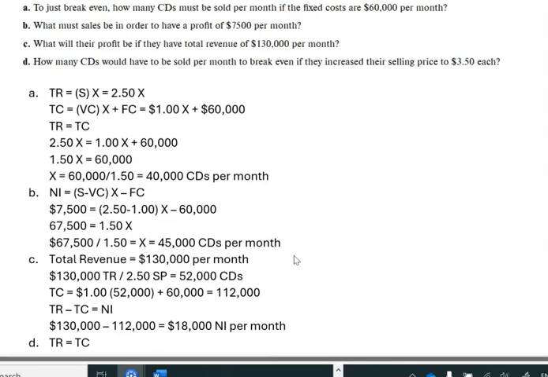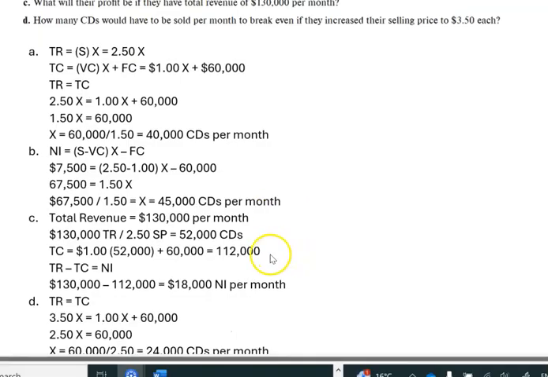C, what will their profit be if they have total revenue of 130,000 per month? Okay, so if we have 130,000 per month, we know we sold each of those discs for $2.50. That means we must have sold 52,000 CDs. Okay, so how much is our total cost related to the sale of those 52,000 CDs?